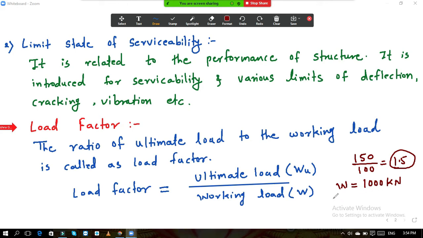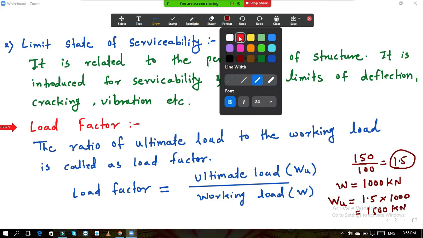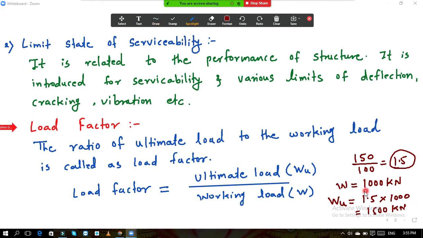While designing that column, we calculate the ultimate load by 1.5 times this 1000, and we design that column for 1500 kilonewton. So even though the load coming on that column is 1000 kilonewton, we still design it for 1500 kilonewton. For instance, I am telling you, assume it is a column. It may be any structural member which carries a load of 1000 kilonewton, but while designing by the limit state method, we will design it for 1500 kilonewton.